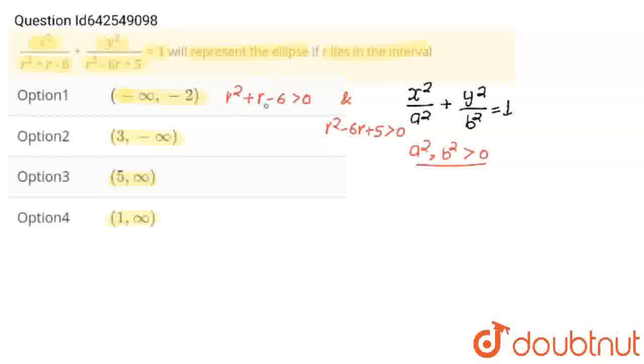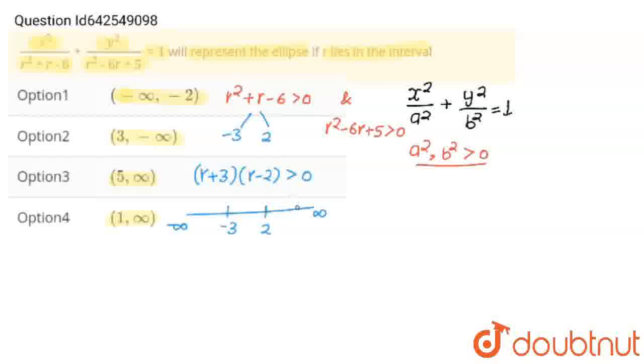So r square plus r minus 6 has roots minus 3 and 2. So here I will write r plus 3 and r minus 2, greater than 0. Here I am going to draw a number line from minus infinity to infinity, and this is minus 3 and this is 2.